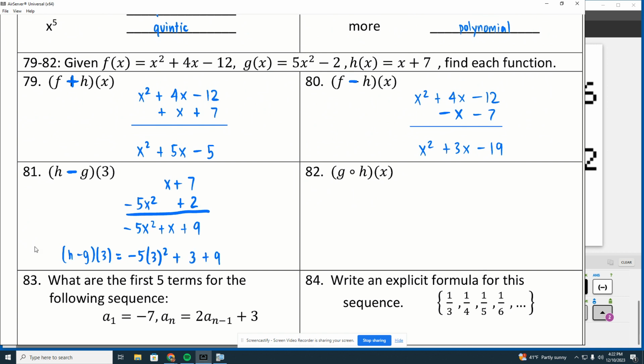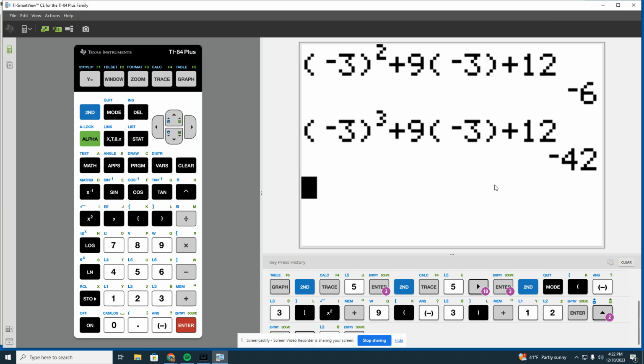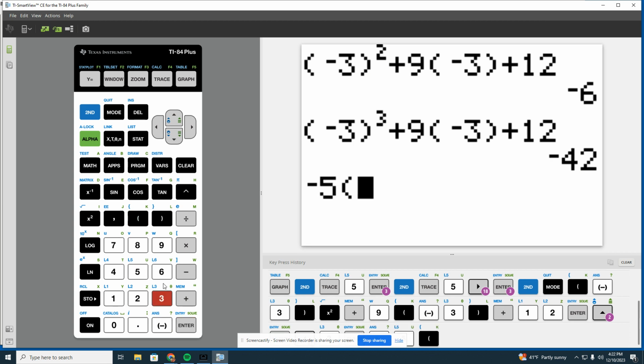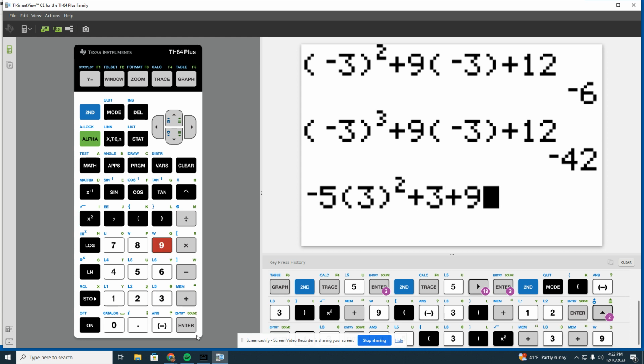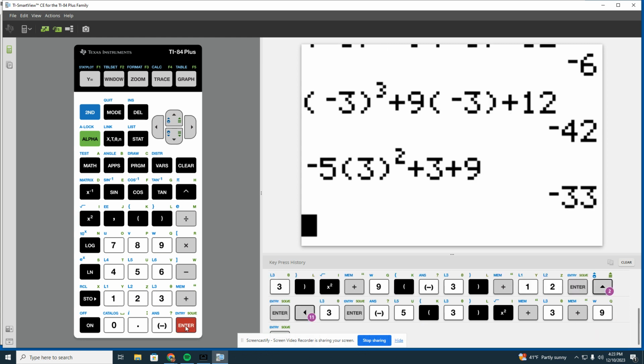I'm simply inserting. So here I go. It's negative 5, open parentheses, 3, close parentheses, squared, plus 3, plus 9, and that equals negative 33. So negative 33 is my answer.